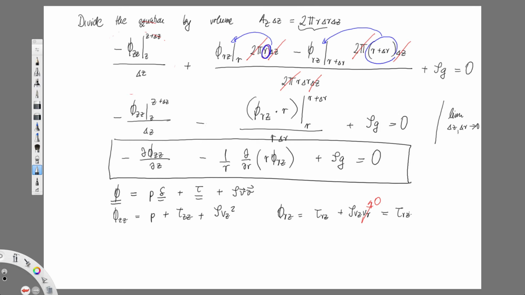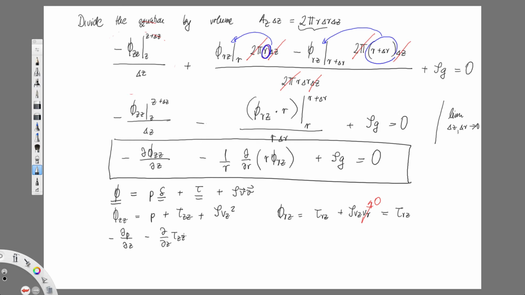So let's plug these in. I will have minus partial z of phi zz, so it's dp dz, minus d dz tau zz. Oh, actually, one more.